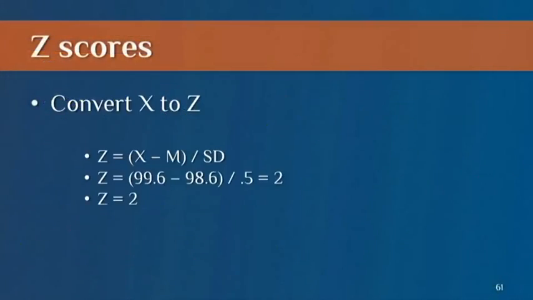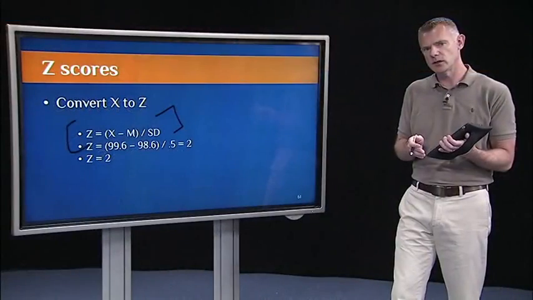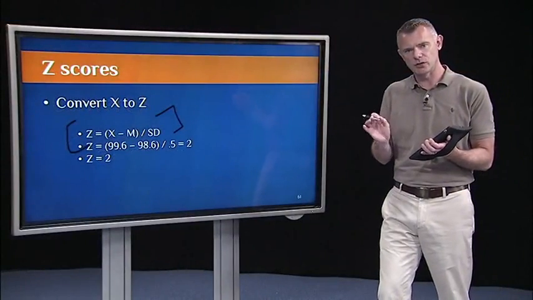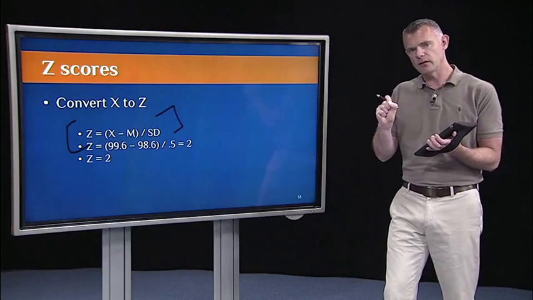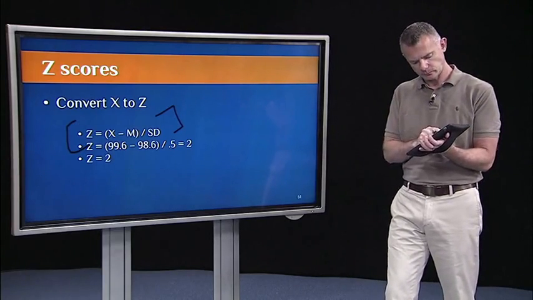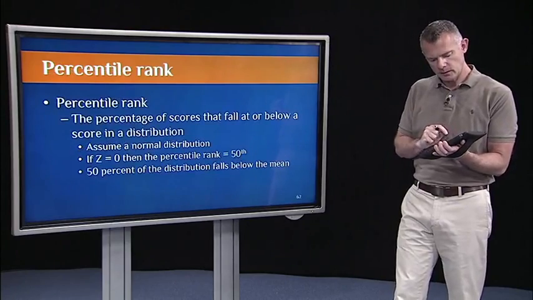All I have to do is apply this Z formula. I take the raw score, 99.6, subtract out the mean, 98.6, and divide by the standard deviation, which was 0.5. So that's just 1 over 0.5, or 2. So this individual's Z-score is positive 2. They are 2 standard deviations above the mean.